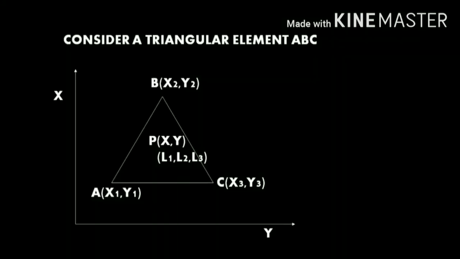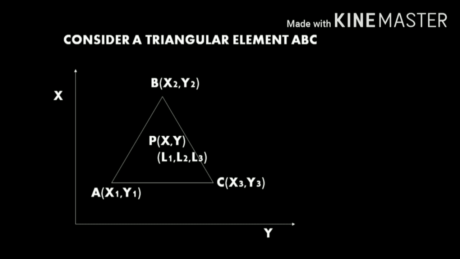For that, consider a triangular element ABC whose coordinates are A (x1, y1), B (x2, y2), C (x3, y3). Let P be an arbitrary point within that element with coordinates x and y.